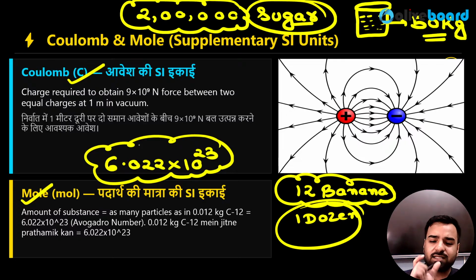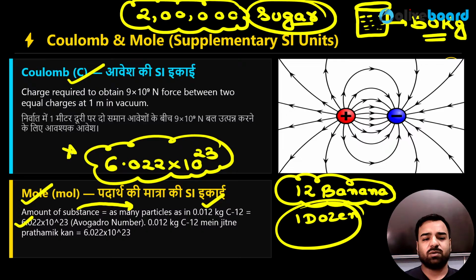These many particles are equal to 1 Na, which is the Avogadro number, equal to 1 mole. The same thing is mentioned here: amount of substance is as many particles as in 0.012 kilogram of carbon-12. Here that number is the Avogadro number, which has the value 6.022 into 10 to the power 23. I guess this part is also clear.